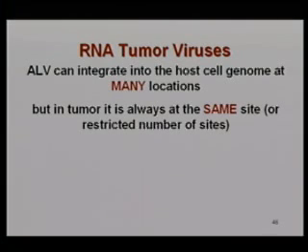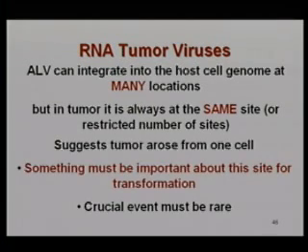But when you look at the tumor, you find that in the tumor cells, the virus is integrated at one or a very limited number of places. So there must be something very special that when you get this virus integrated at that point in the genome, the cell becomes tumorigenic in the absence of a viral oncogene.